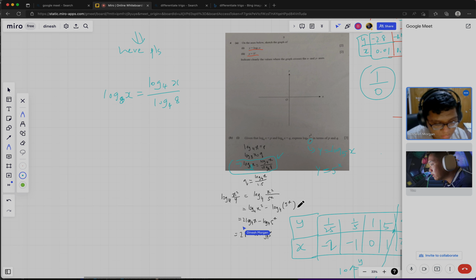I know what log 5 is. It's y. But they want it in terms of P and Q, not in terms of y. In terms of P and Q only, right? Oh, that's funny. I'm not sure if there is a mistake in this question.